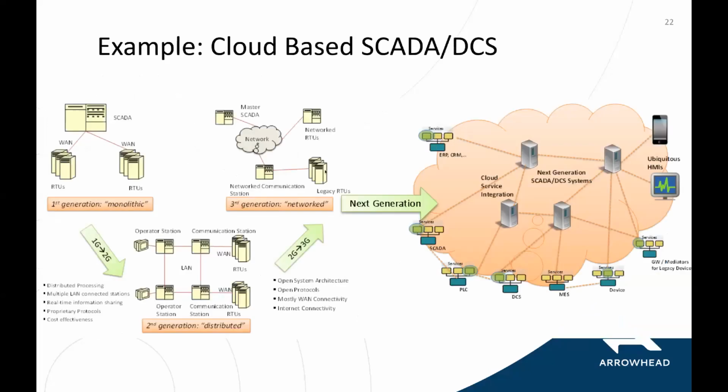And this is kind of a historical situation. From the beginning, when we started to see the SCADA system, they were monolithic, centralized. Then we started to distribute these, and the second generation is why we got the term distributed control systems.